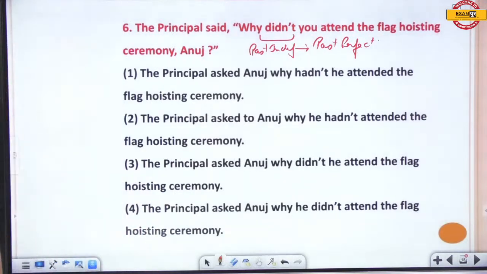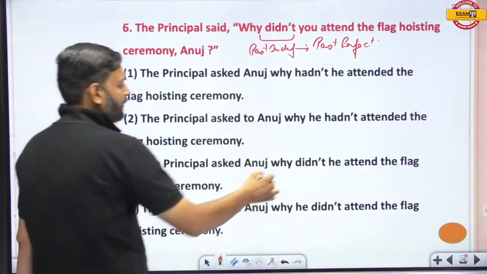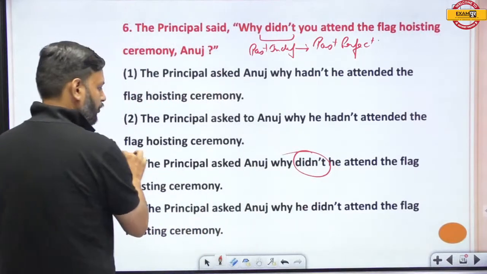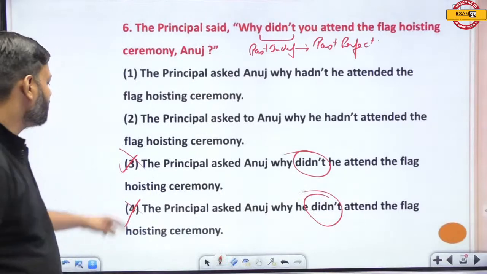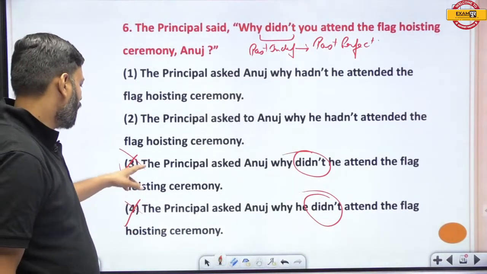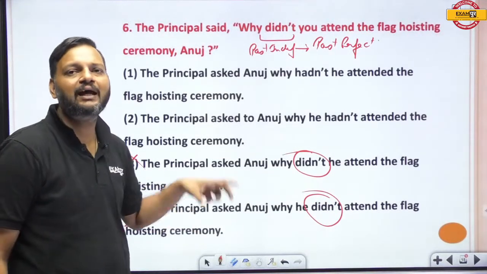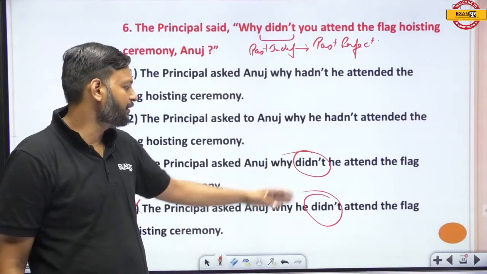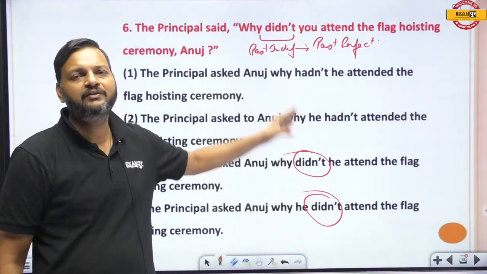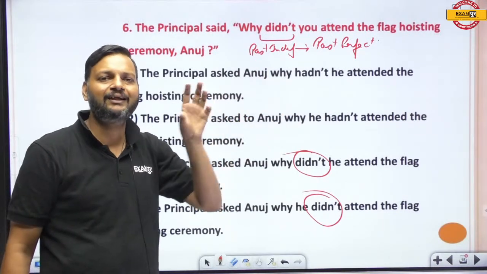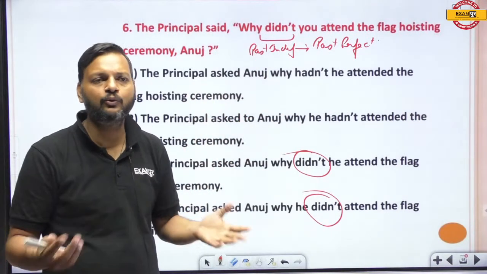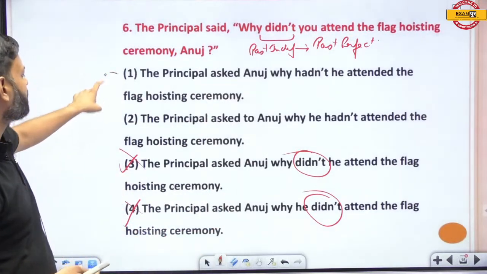So see how many sentences have past perfect. Here indefinite, wrong. Here also indefinite, wrong. So these two options have been eliminated because here the tense is wrong. If the direct sentence is in past indefinite, you have to look for past perfect in indirect sentence, because this is the rule. Now we have two more options, 1 and 2.